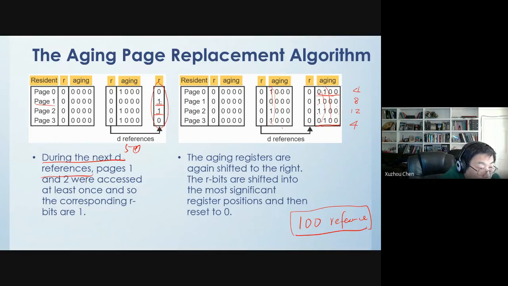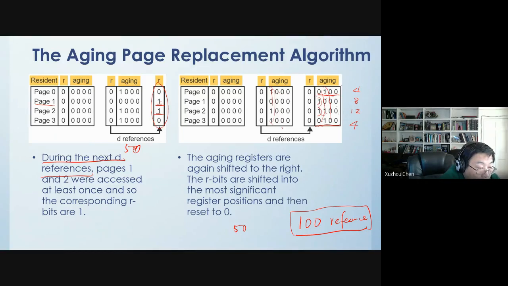However, now this page 2 has been referenced the most. It's referenced in the first 50 reference period, and also referenced in the second 50 reference period. So this one was frequently referenced, so don't replace that one. Now the next one, this one was recently referenced, even though in the first 50 reference period it's not referenced, but it's recently referenced.